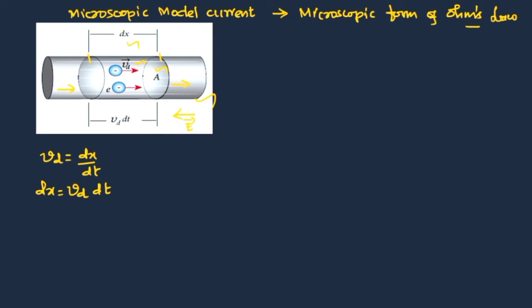Now let us calculate the number of electrons in this distance. Number of electrons. அது first நம்ம கண்டுபிடிக்க போறோம். அதுதான் very important for us.